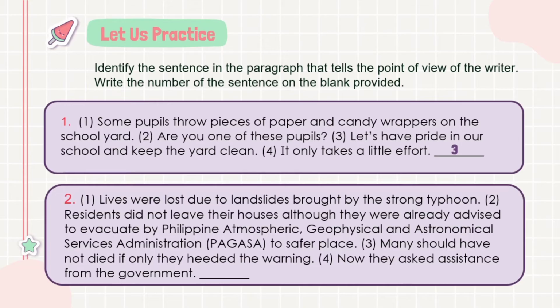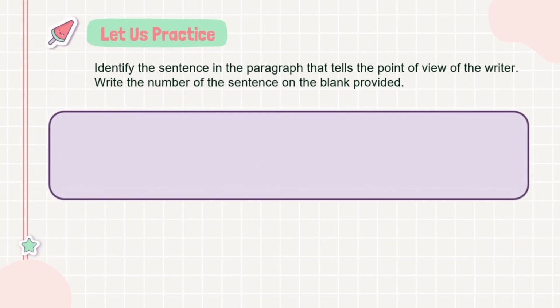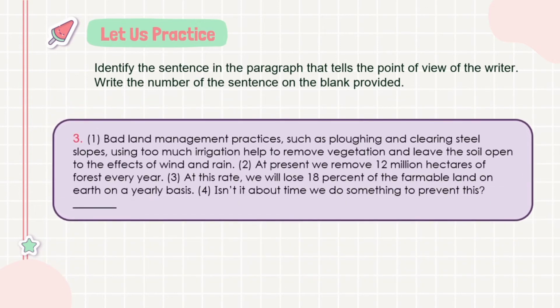Okay. How about number 3? Bad land management practices such as plowing and clearing steep slopes, using too much irrigation, help to remove vegetation and leave the soil open to the effects of wind and rain. At present, we remove 12 million hectares of forest every year.